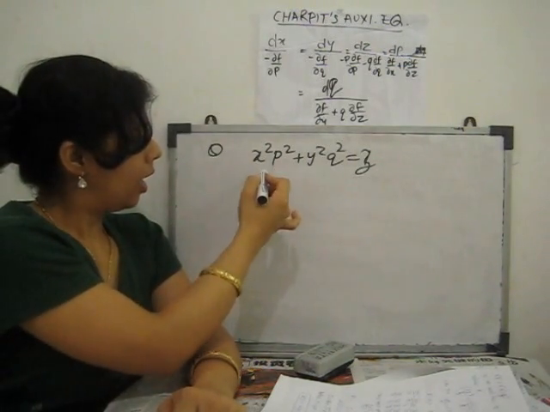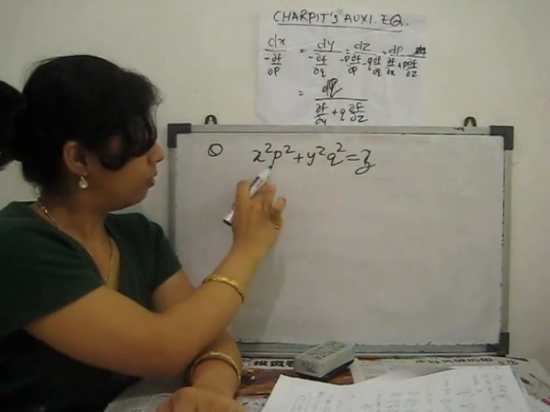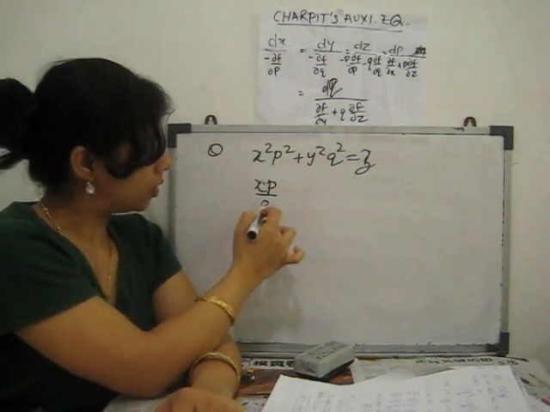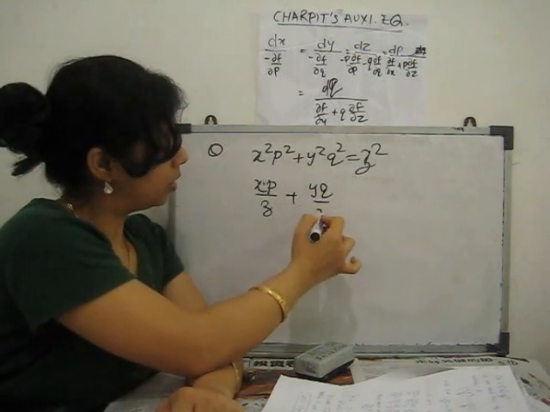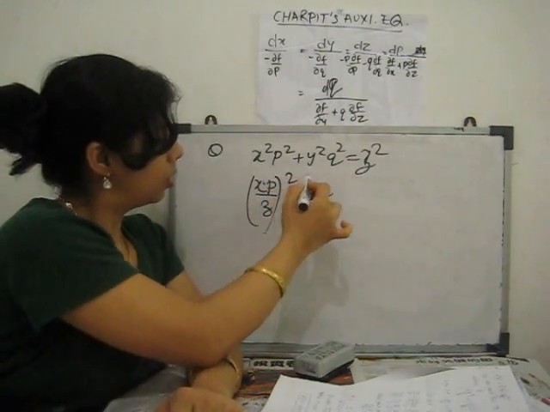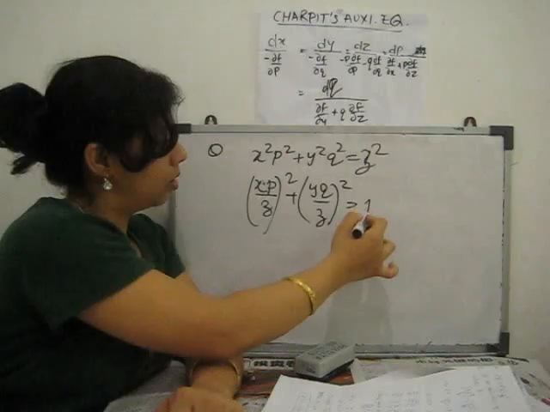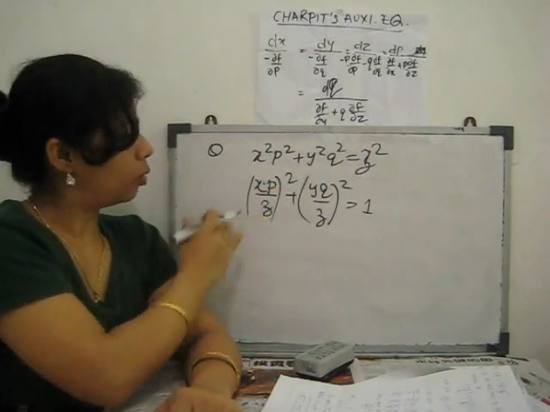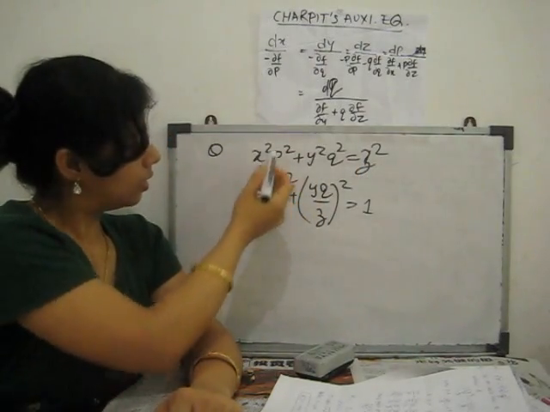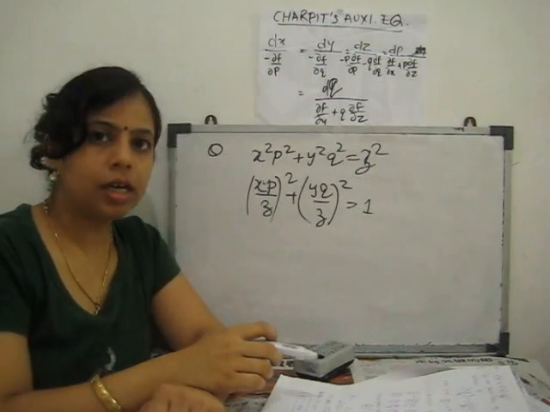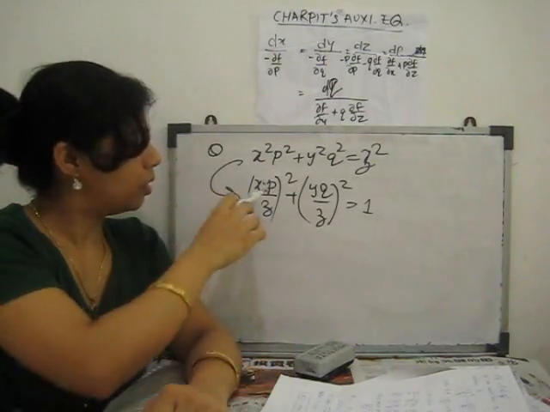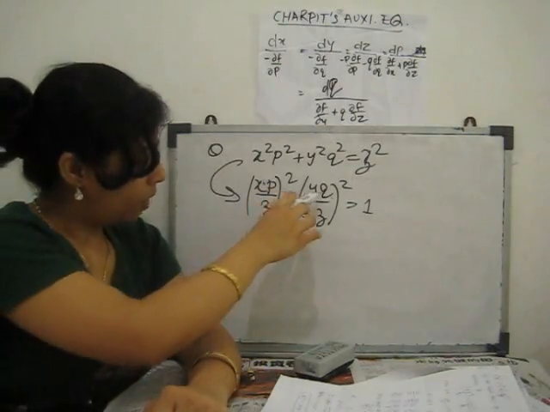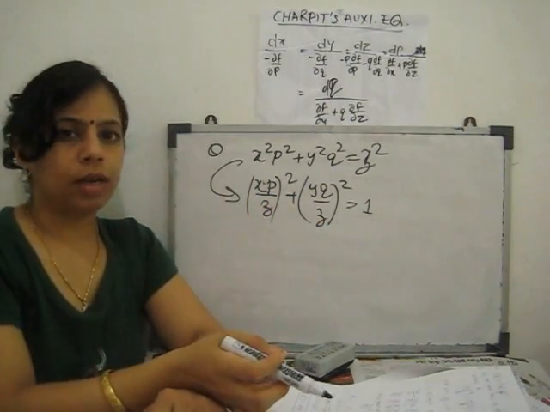See, we divide by z square on both sides, and then this becomes (xp/z) square plus (yq/z) square equal to 1. We just rewrite this as (xp/z) square plus (yq/z) square equal to 1.